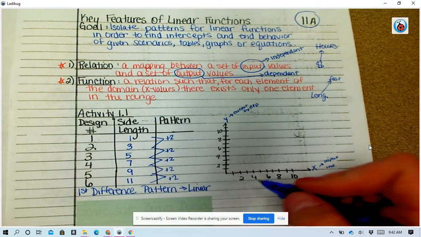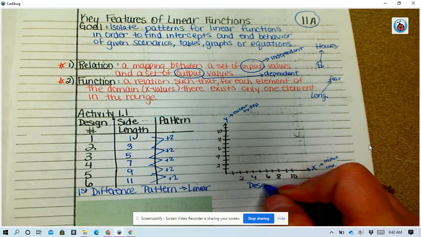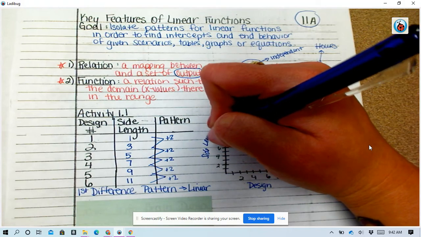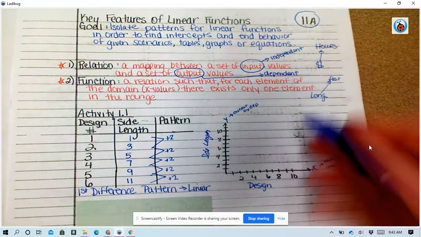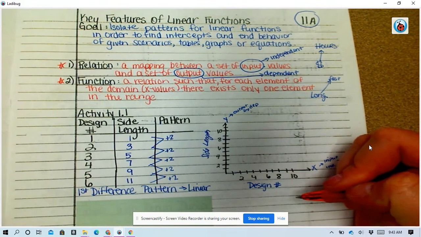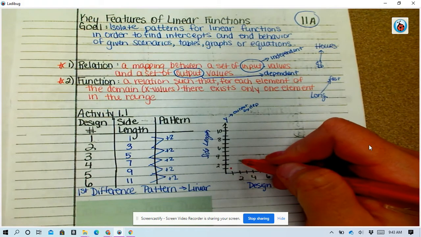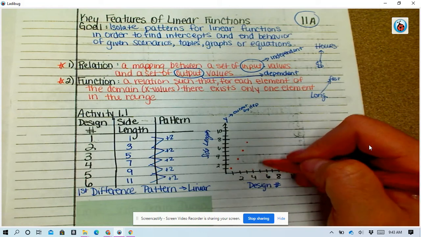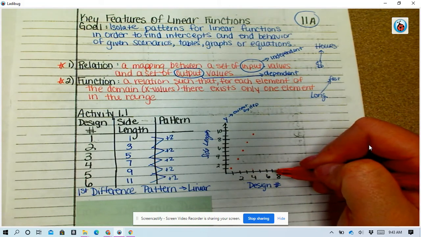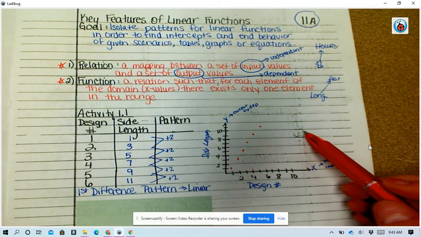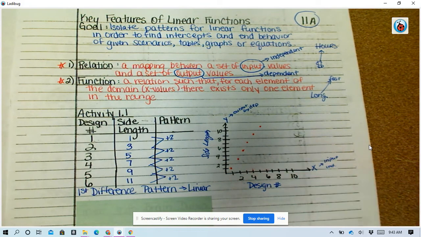In this scenario, the design number is independent because the number of tiles you need along a side depends on the design number. And then we're just going to plot these points. It's not going to be perfect. 1, 1, 2, 3, 3, 5, 4, 7, 5, 9, and 6, 11. But you can see that there's no real curve to it in either direction.